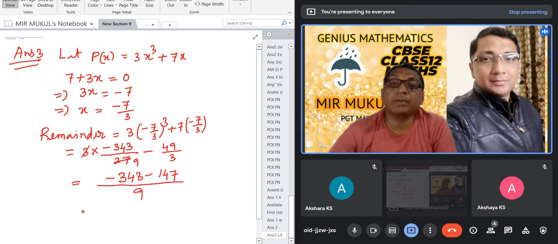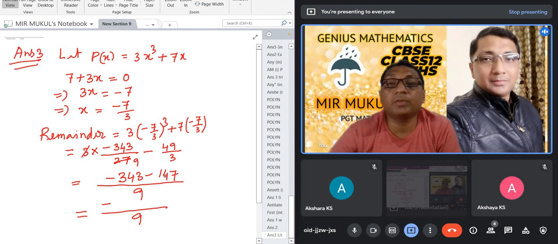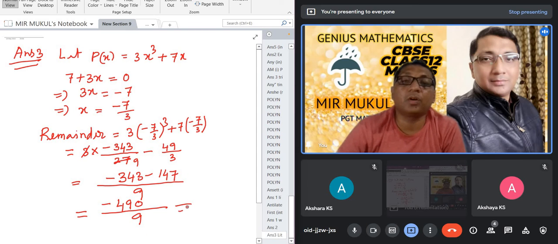Minus 147. Now add. Here 9 minus. If you add, then what are we getting? 7 plus 3, 10. 1. 5 and 4, 9. That means 490 by 9 we are getting, which is not equal to 0.